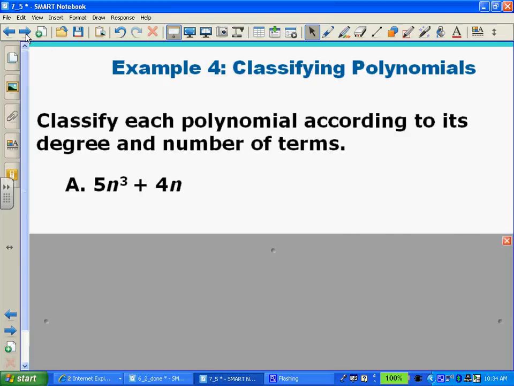So the last thing that we do in this section is we actually name these polynomials based on the charts that we just looked at. So here I look at this polynomial. It has a degree of 3, and it has 2 terms, right? 5n to the 3rd and then 4n.